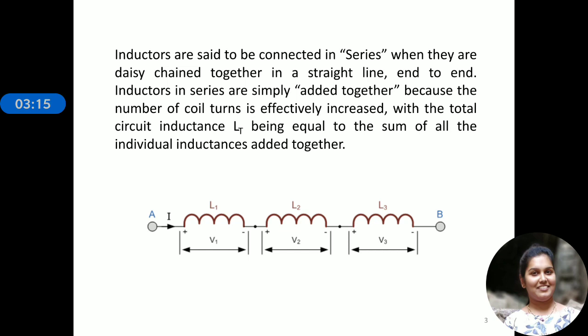This kind of discussion is not there when we go for capacitors or resistors. Only in inductors do we see rules for connecting in series and parallel, because with resistors and capacitors we don't see the effect of an adjacent component on another component.